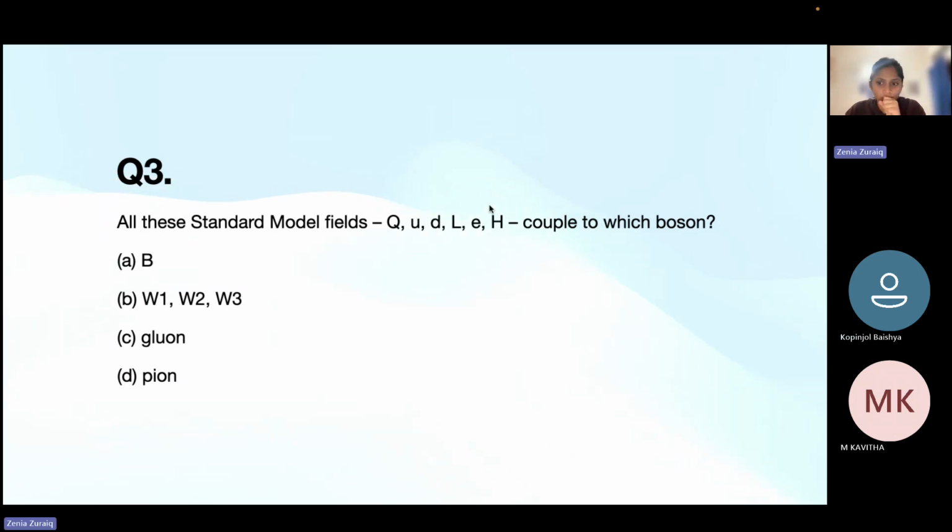I don't know. Okay, we'll go to the answer. So the answer is B. Remember that the gluon is the color force. The color force does not act on the leptons, right? So it definitely doesn't act on L and D.